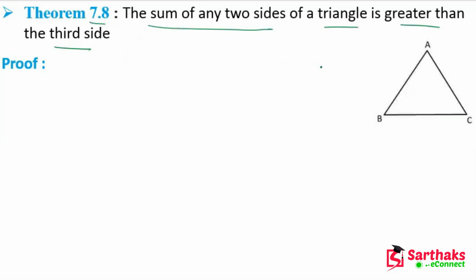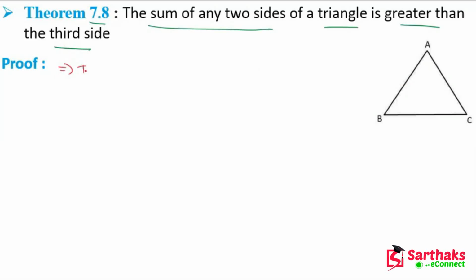Suppose we have a triangle ABC, and we have to prove that the sum of any two sides is greater than the third side.